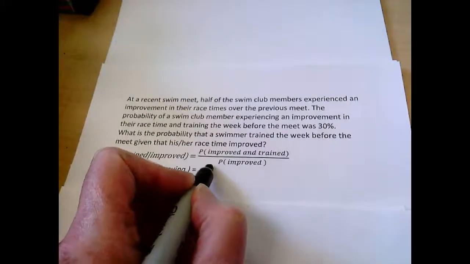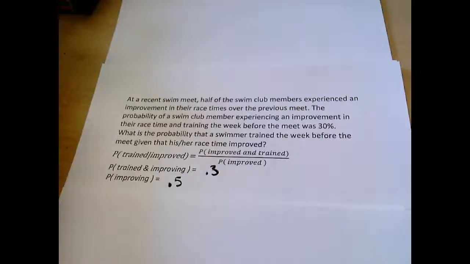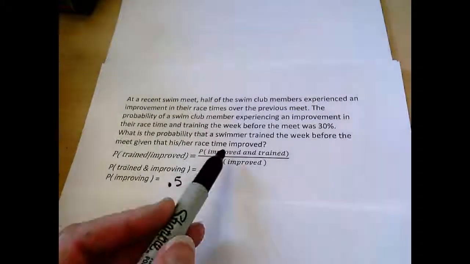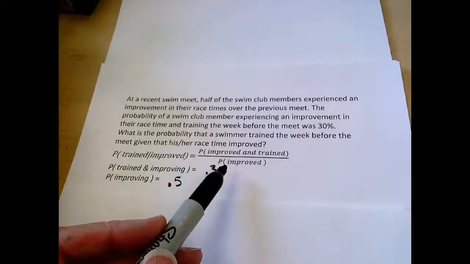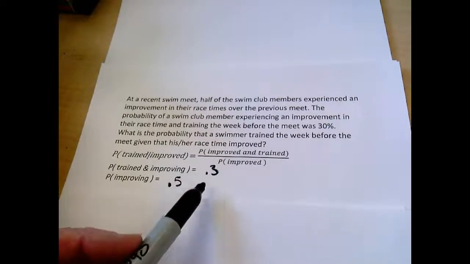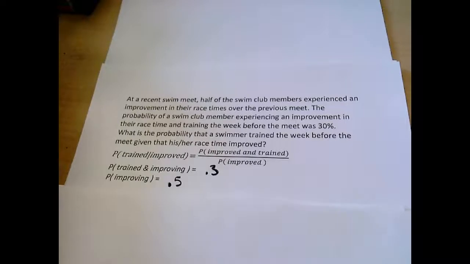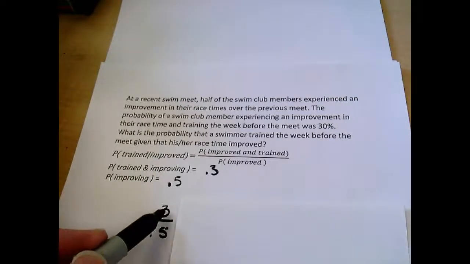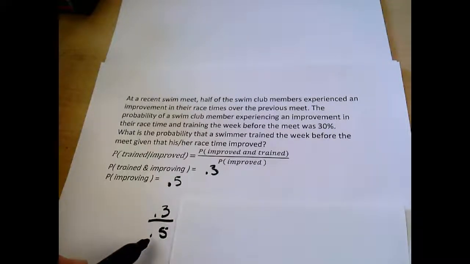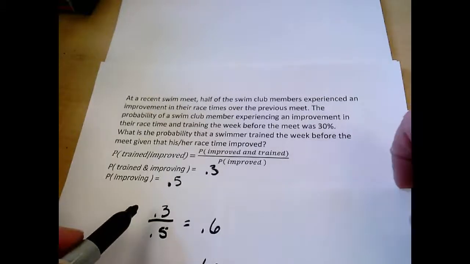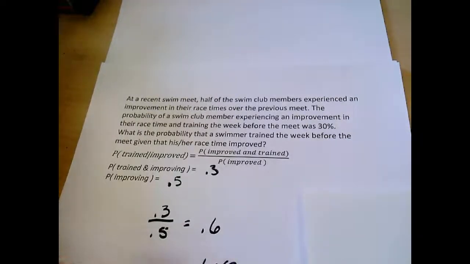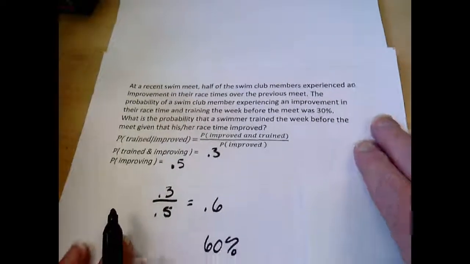So that's 30% is our trained and improved. So we're going to put our trained and improved divided by our improving. So that is our 0.3 or 30% divided by our 50%, 0.5, which is equal to 0.6 or 60%.